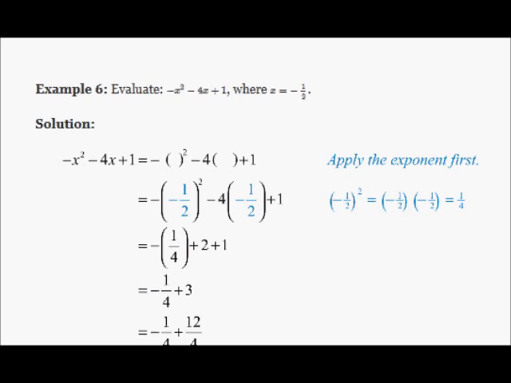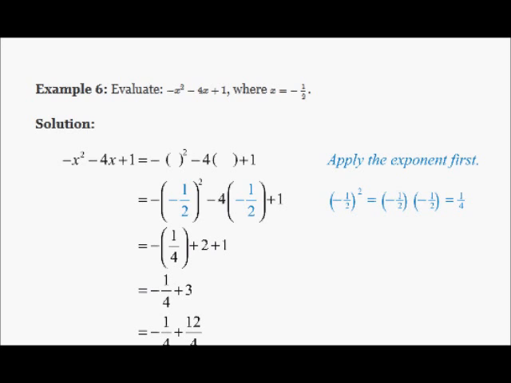So the first term, negative x squared, well, x is negative 1/2, so negative 1/2 squared is positive 1/4. So negative x squared is negative 1/4.